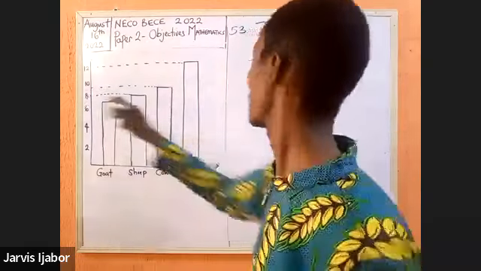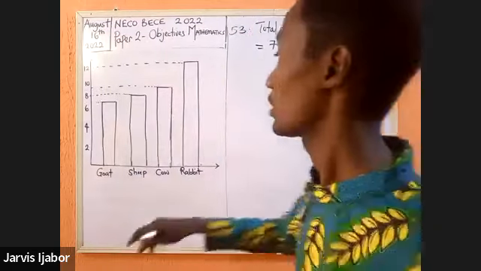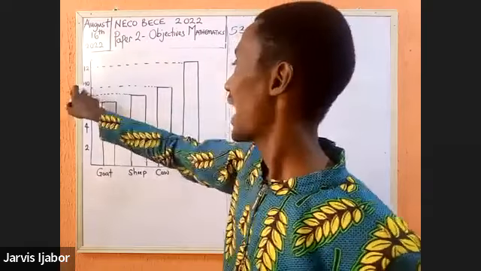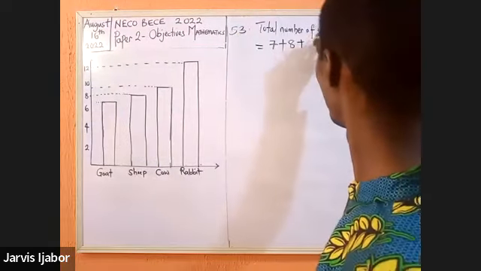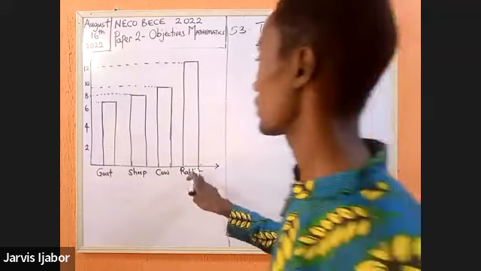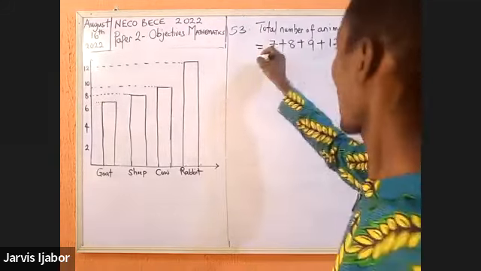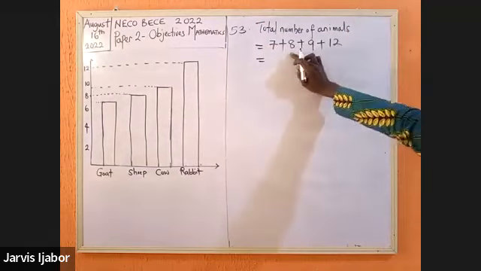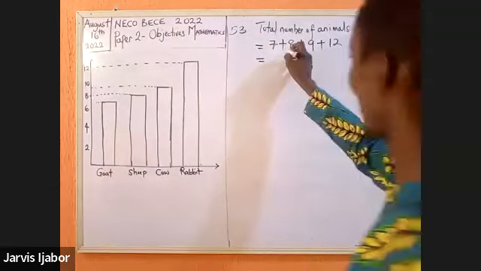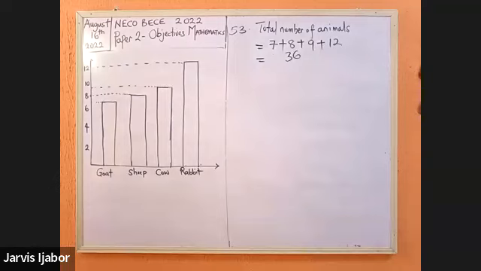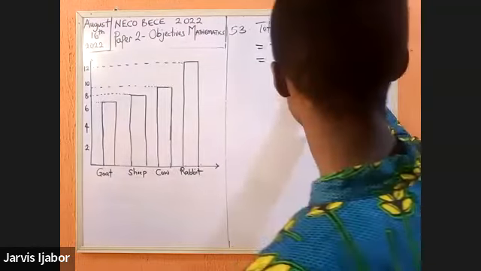Sheep will be 8. Cow will be 9. And rabbits will be 12. Add this together, this will be 15 plus 21. That will be like 36 if I've done that correctly. So the total number of animals in the farm will be 36, and that is C.